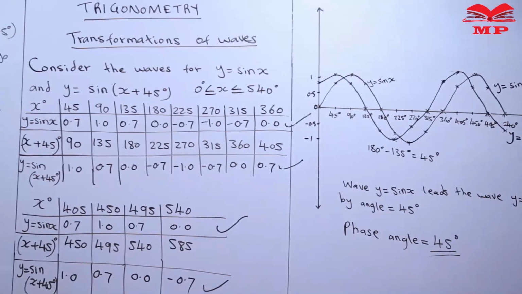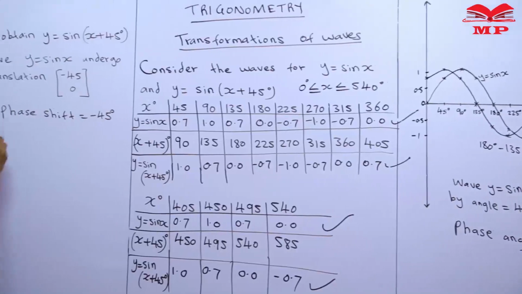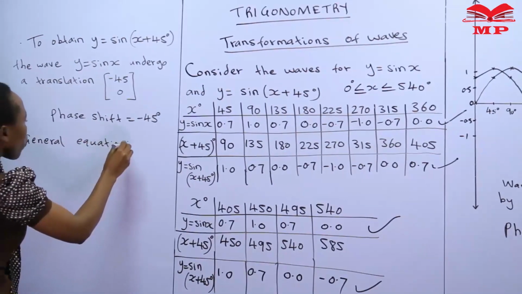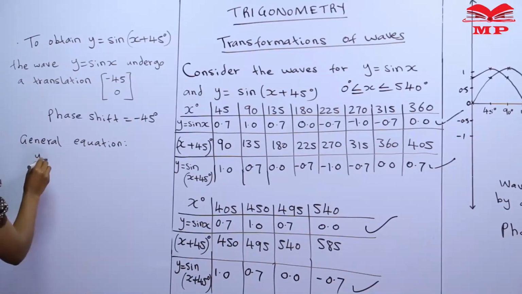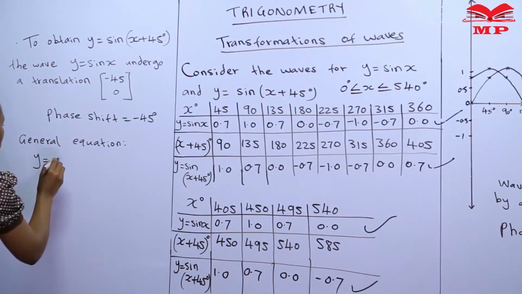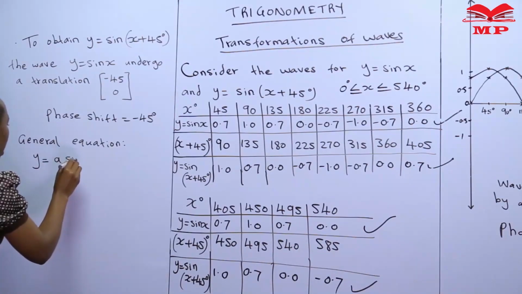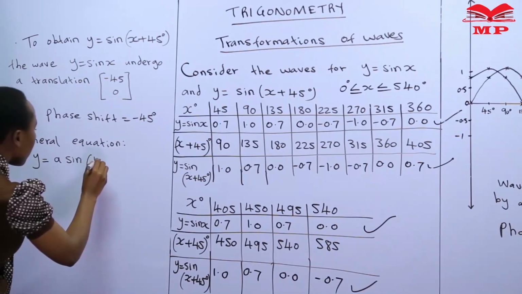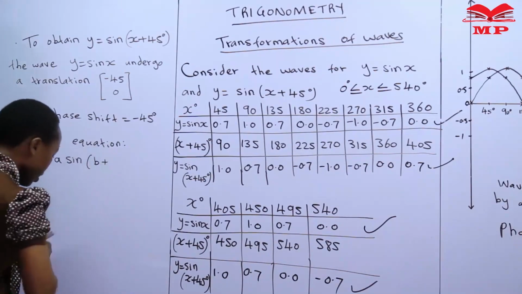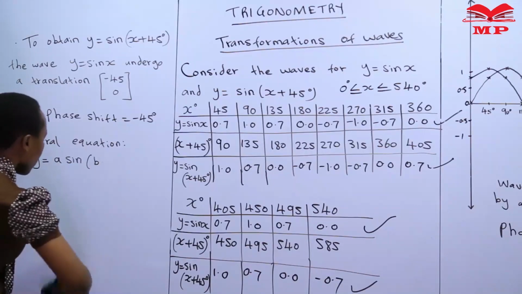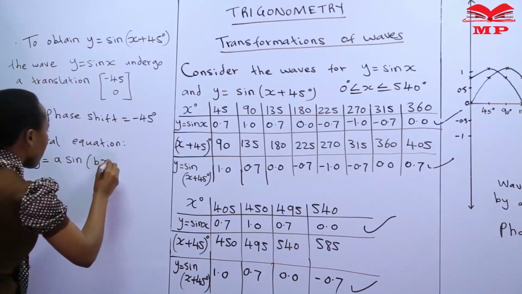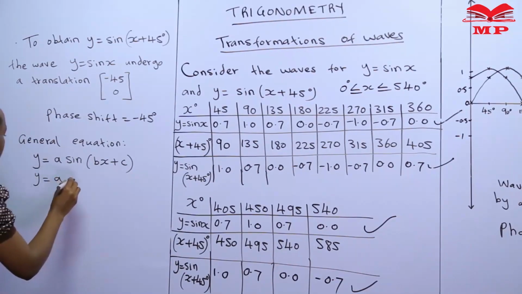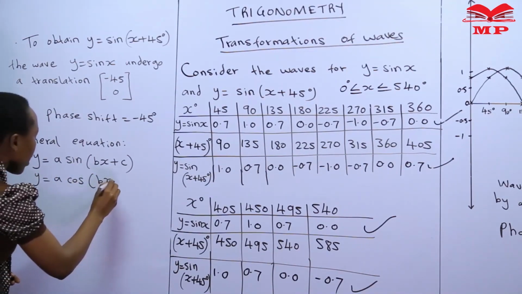And therefore we can say that if we have a general equation of this form, where y is equal to a sine bx plus c, or we can have it as y is equal to a cos bx plus c.